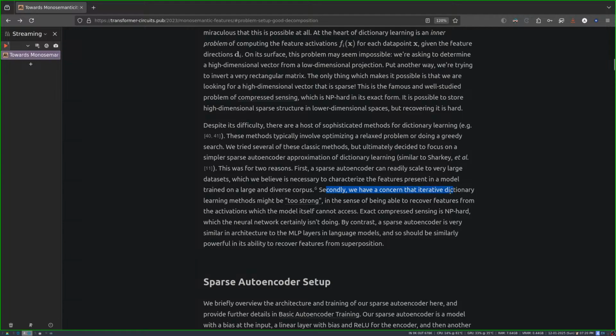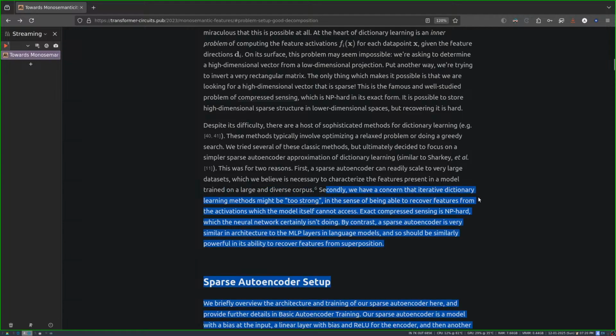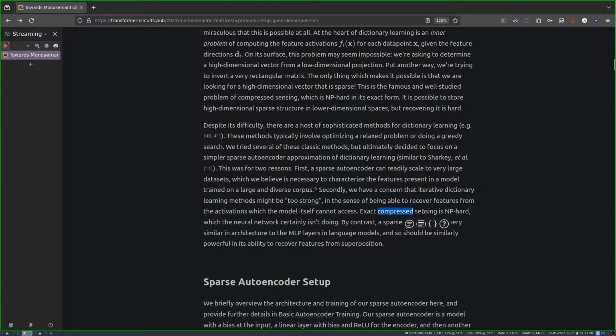Secondly, we have a concern that iterative dictionary learning might be too strong, in the sense that it may be able to recover features from the activation which the model cannot access. So the sparse autoencoder probably doesn't have these problems. It is very similar to sparse dictionary learning and should be similarly powerful to recover features from superposition.